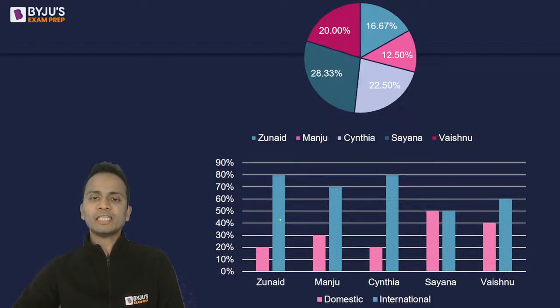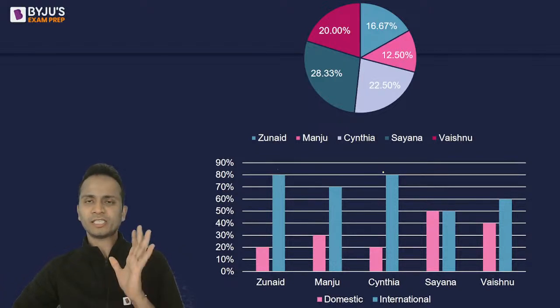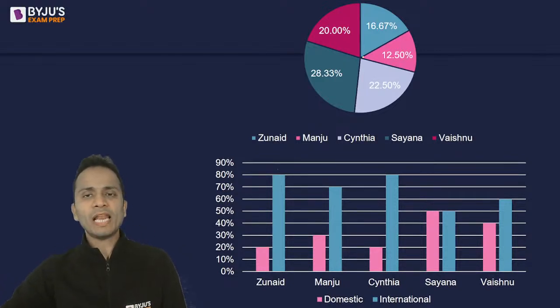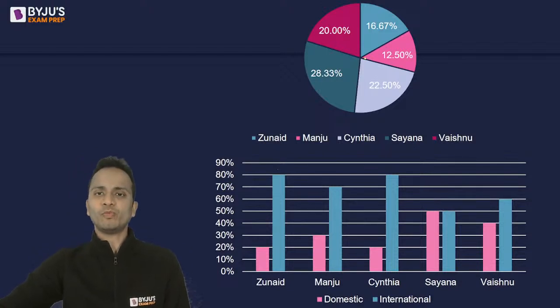If I look at the percentages, I can see that Zunaid and Cynthia both are at 80%. But I don't want percentage breakup, I want distance. So I'll have to take the help of the pie chart as well.